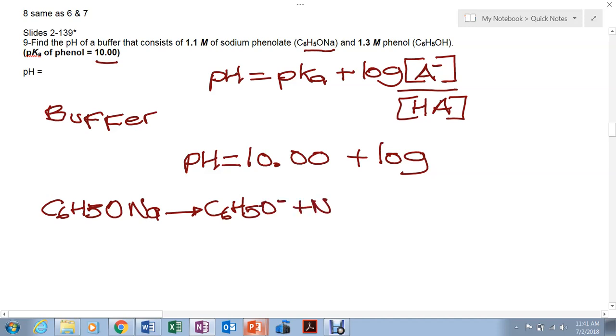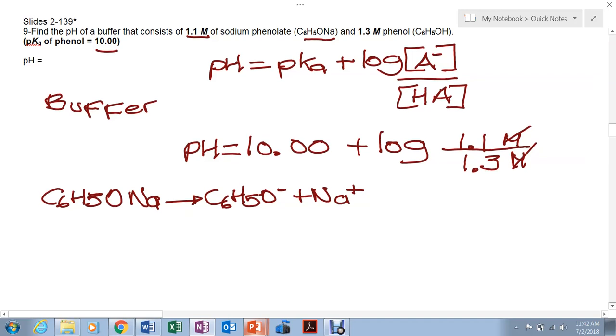So we have the conjugate base present. So this is going to be the log of the concentration of the conjugate base, which is 1.1 molar, divided by 1.3 molar. We usually don't use the units because they cancel out here.